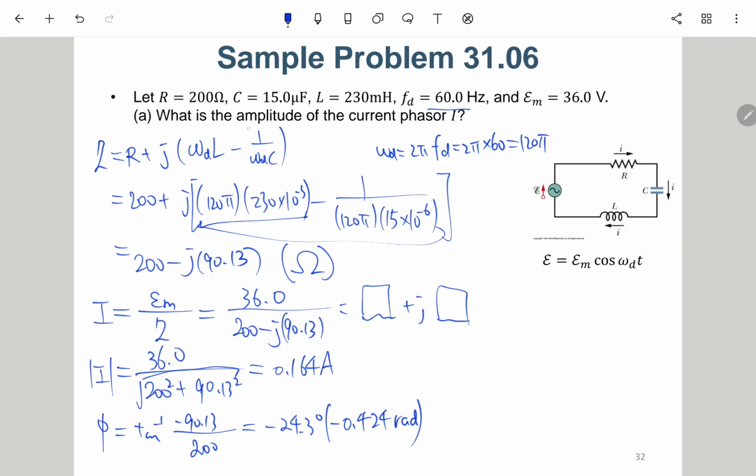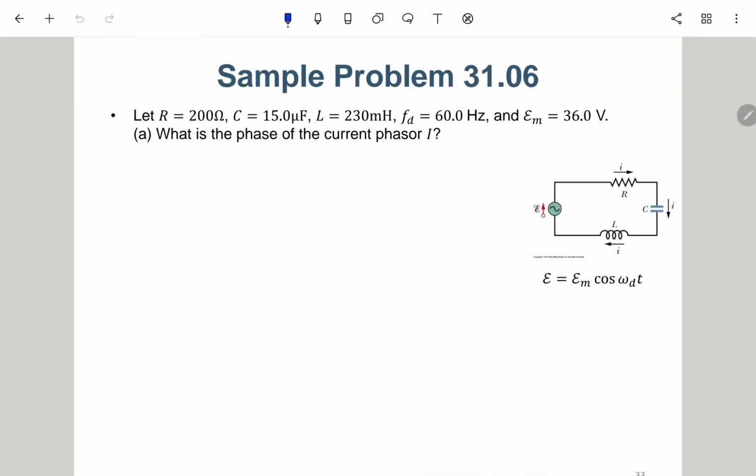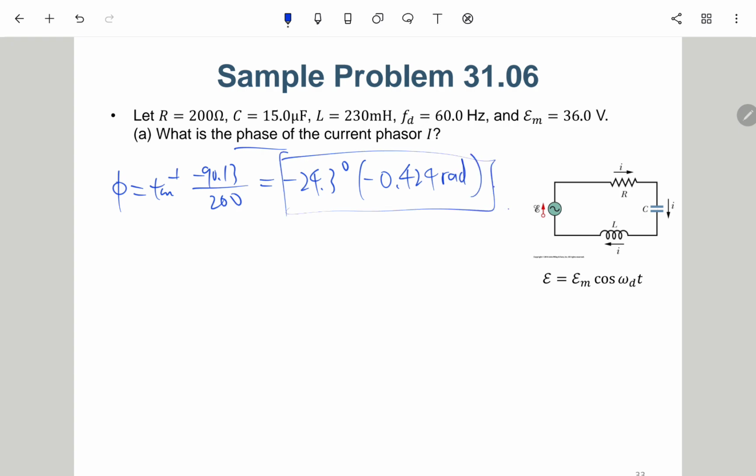Actually, the amplitude in this question is 0.164, and the phase is arctangent of negative 90.13 over 200, which is negative 24.3 degrees, or negative 0.424 radian. So this will be quick.